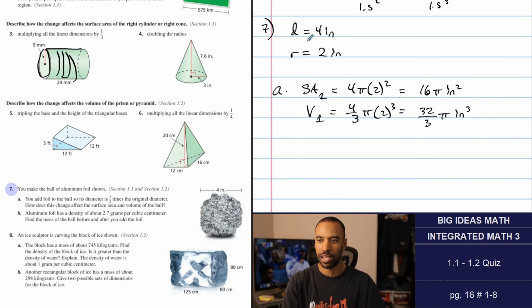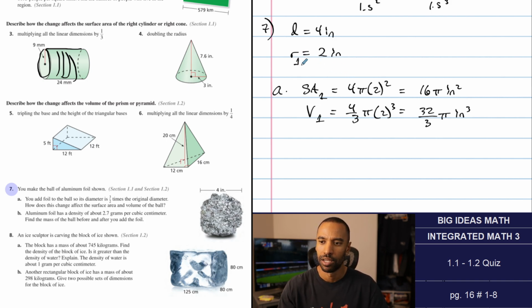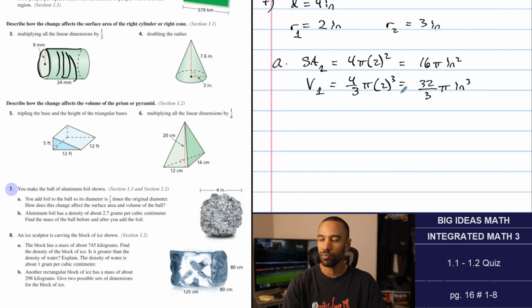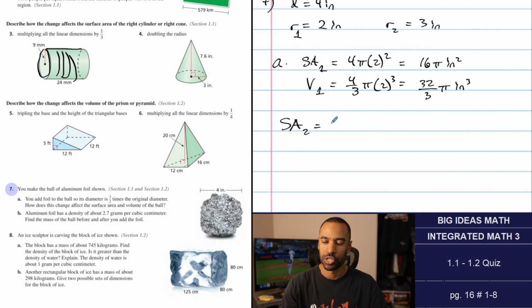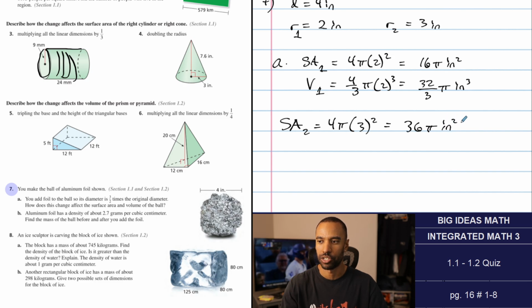Now we're going to make the diameter 1.5 times bigger, which makes the radius 1.5 times bigger. So R1 might have been 2, but R2 is going to be 3. Yeah, 3/2 the size. So surface area of object 2 is 4 pi times 3 squared. Whew, that's 36 pi square inches.